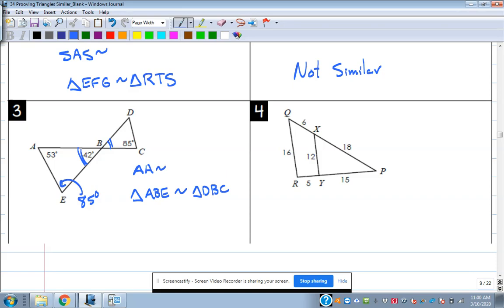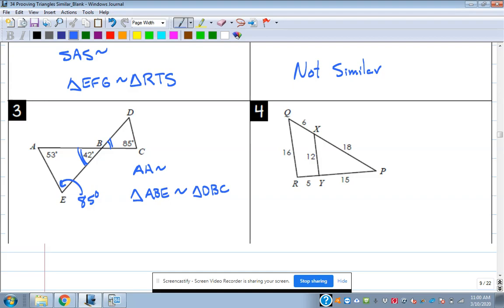What about 4? Side angle side? You could do either of those, right? Could you do angle? How could you do angle?